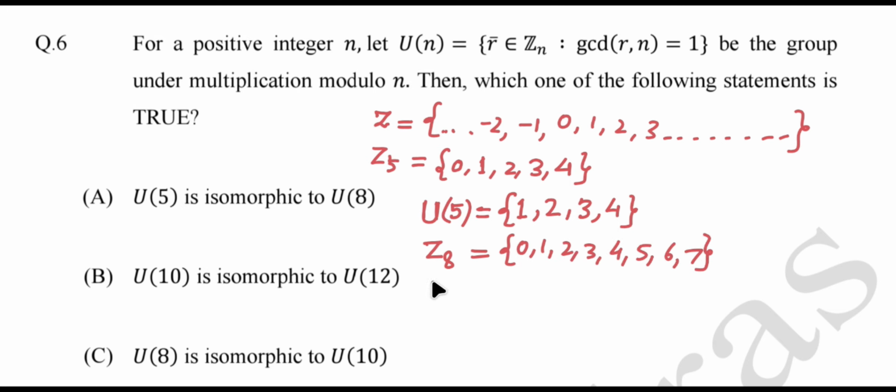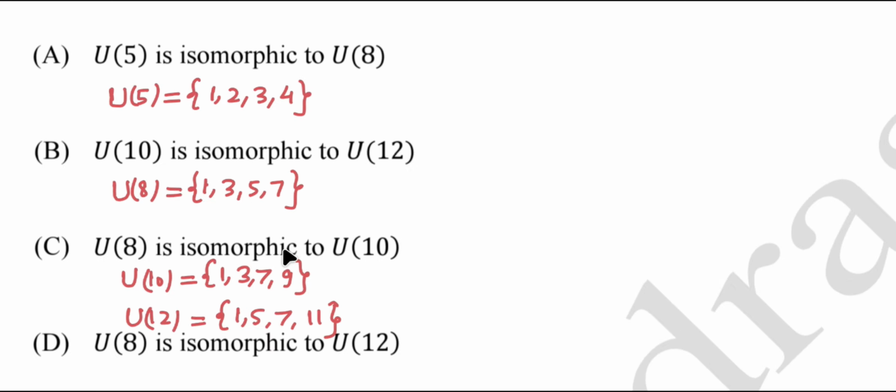And now with the help of Z8, we write U8. 1, yes, 1 and 8 both are relatively prime. 2 and 8, these two are not relatively prime, so 2 will not be taken. Thereafter 3, and I understand that you understand this. 5, thereafter 7, these 4 elements. Okay, so I have written all the U groups that you see in the options.